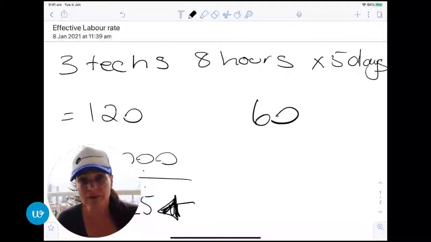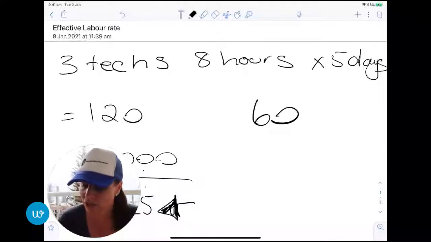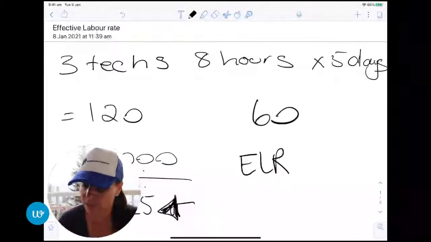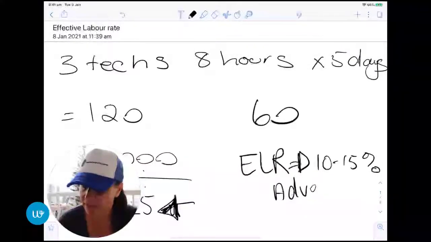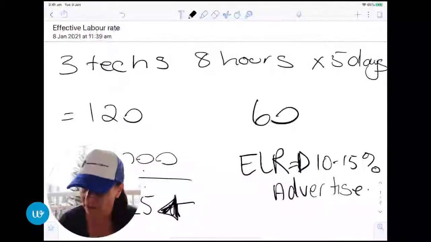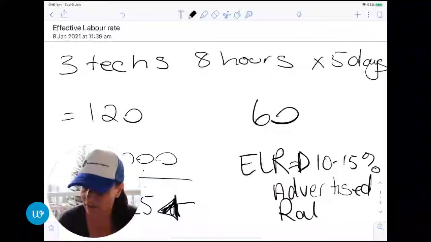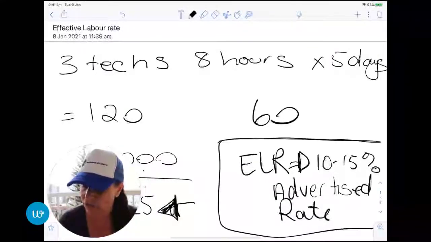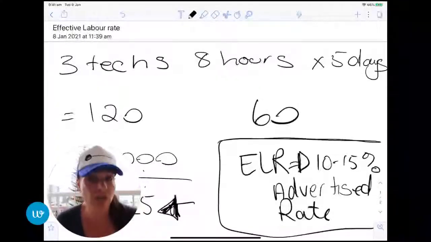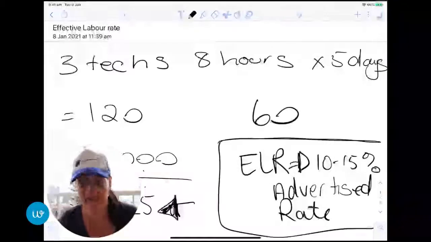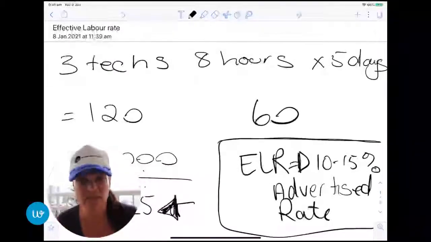Now, the benchmark for this is that your effective labor rate is within 10 to 15% of your advertised rate. So that's the industry benchmark. Now, some of our engine room clients have their effective labor rate over and above their advertised rate in certain weeks based on the improvements in efficiency.